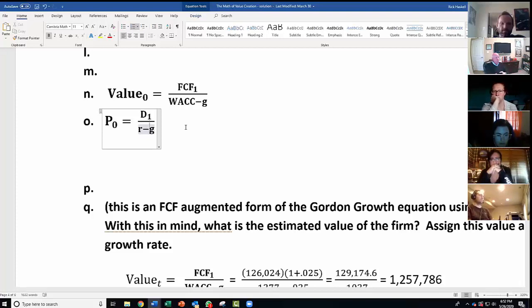Or better still, a growth rate of 10% when we have a discount rate or a cost of capital of 1%. Well, if we've got a dividend, which means we're profitable. You can't pay a dividend without being profitable. So we've got a dividend, this really small cost of capital, R, and a really nice growth rate, G, that's going to result in a negative value for this company or stock. And that doesn't pass the smell test, does it?